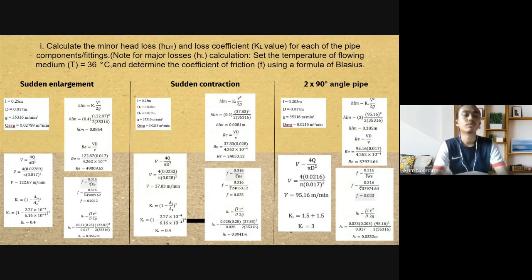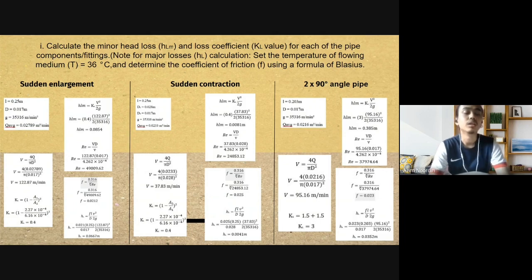So for the first pipe, which is a sudden enlargement, first we need to calculate the V, the velocity, from the flow rate inside the pipe. Then we need to find the KL, the loss coefficient, using the formula 1 minus A1 over A2, squared.